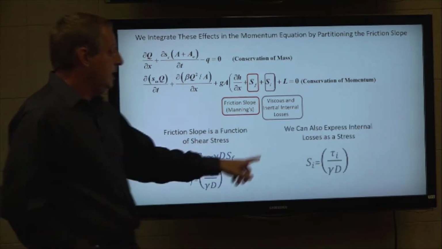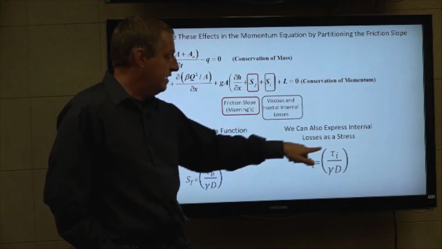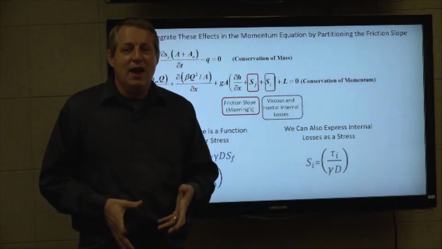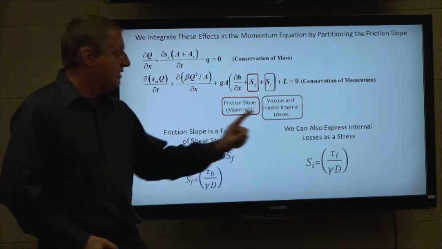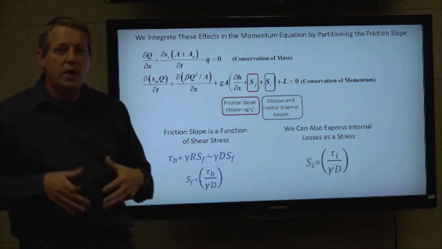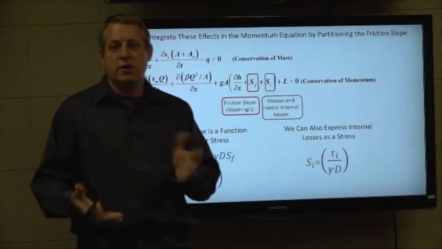Or, in this case, you can cast the internal loss slope in terms of some sort of internal loss shear stress. And that's where the really powerful step is taken, because as soon as you define losses in terms of shear stress, we can start to leverage stress-strain models for different materials.